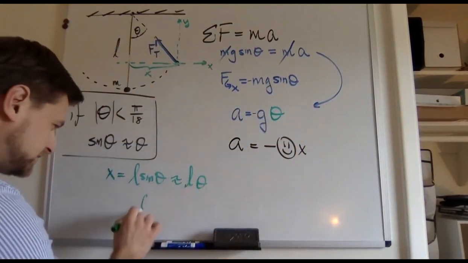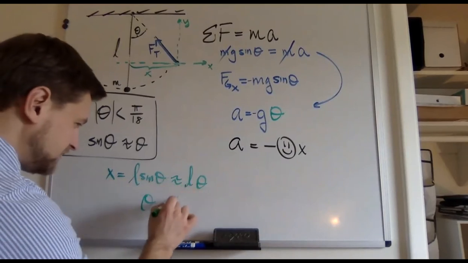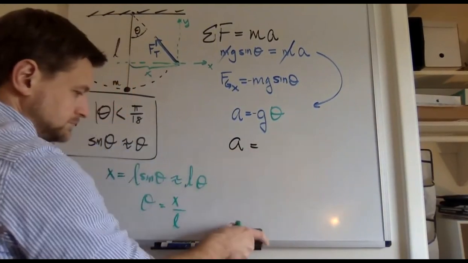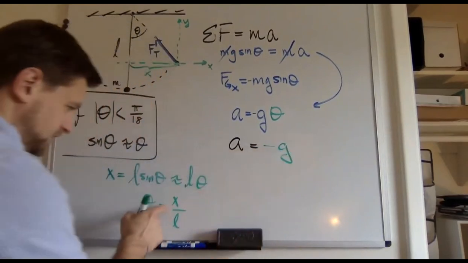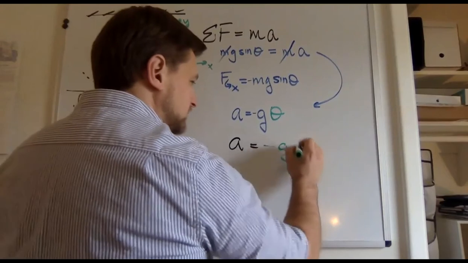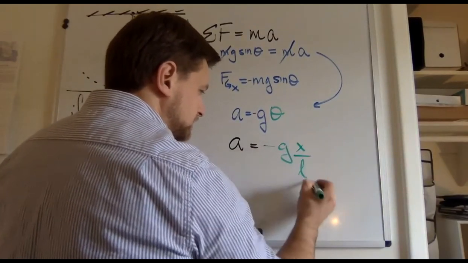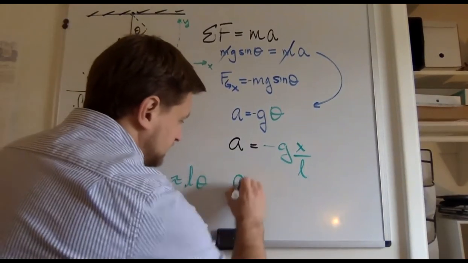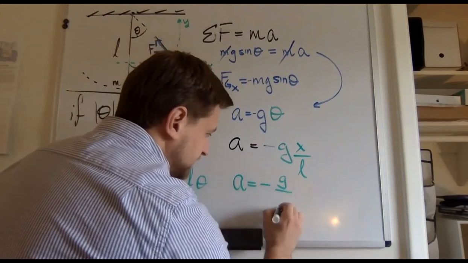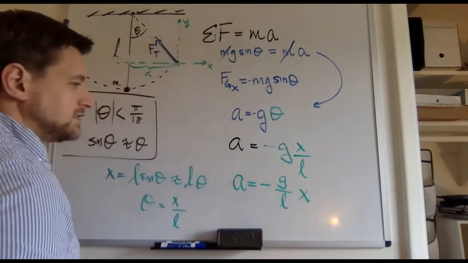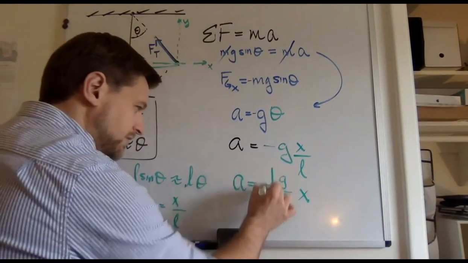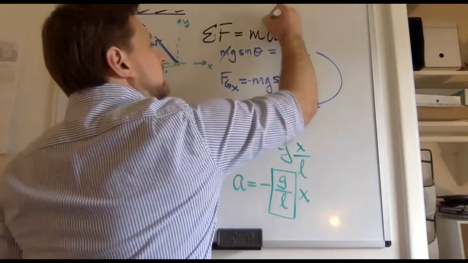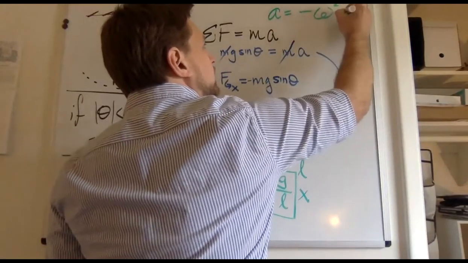And theta, if we divide both sides by L, negative g x over L. Which looks a lot like negative stuff times x, where this stuff should be a equals negative omega squared x.